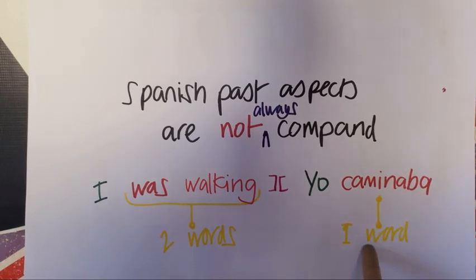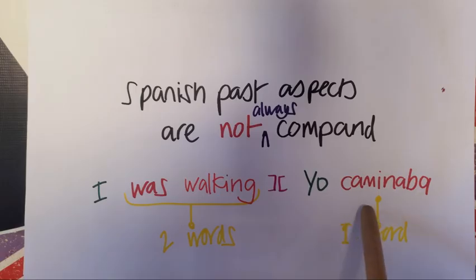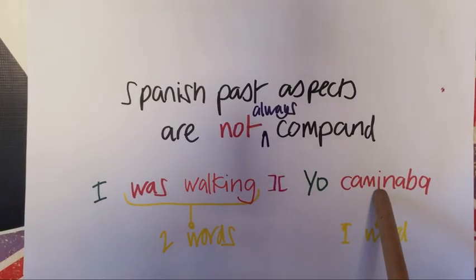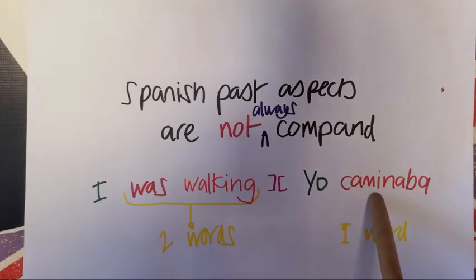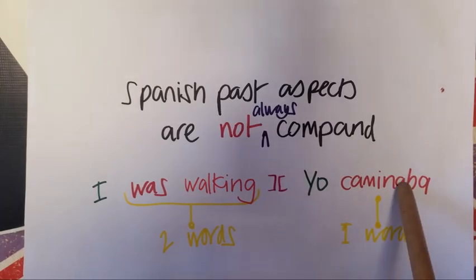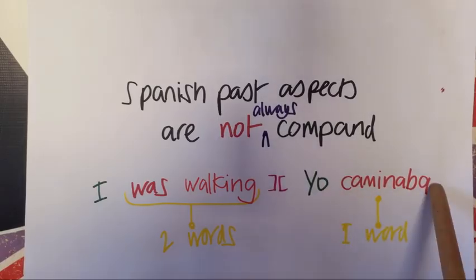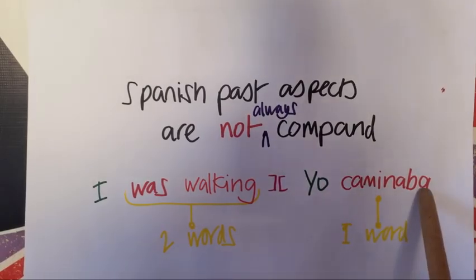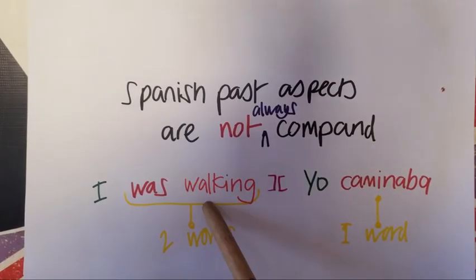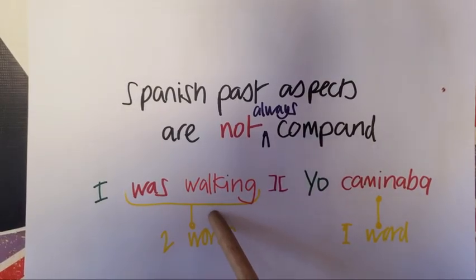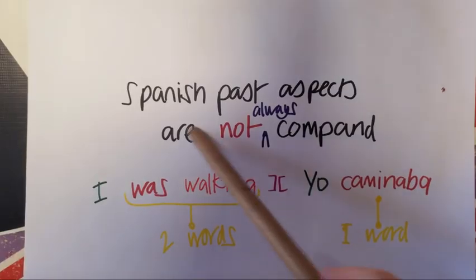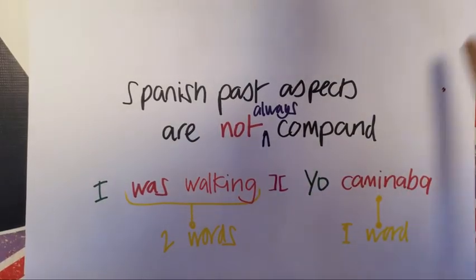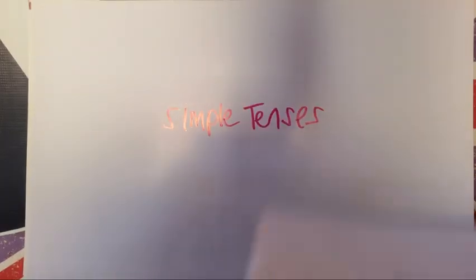One word, not 2. Do you see that? So when you're describing things in the past, they use the pretérito imperfecto, and it's a form of the imperfect tense. They just say yo caminaba to mean I was walking. It's good to know that, okay? So when you're describing something in the past, they just have one word, not 2.